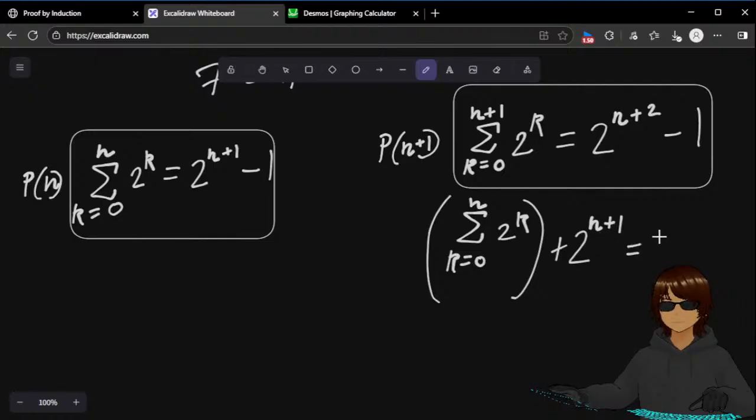This is equal to 2 to the power of n plus 1, plus 1 minus 1.